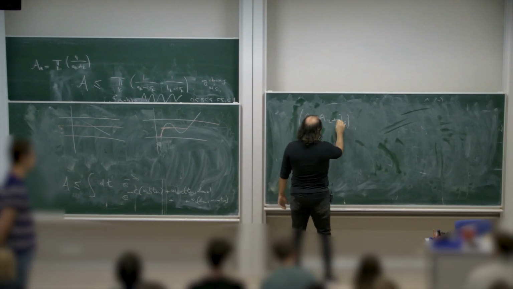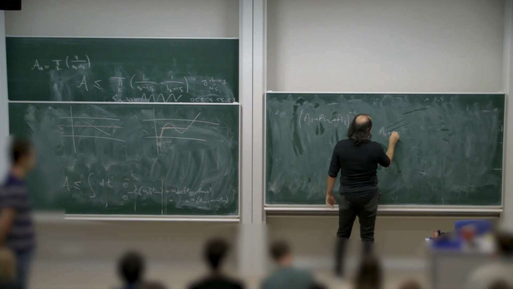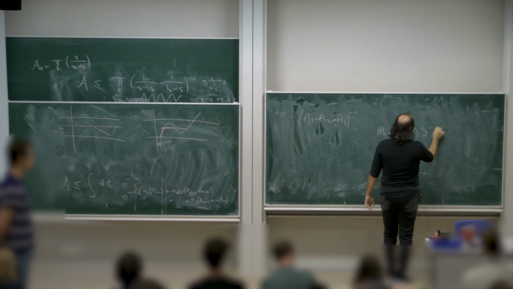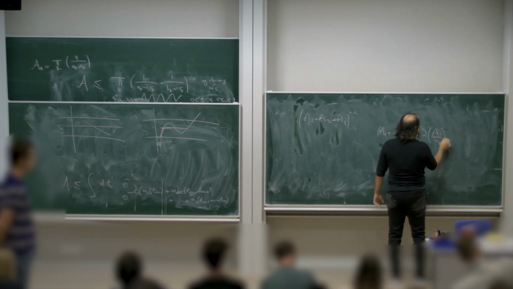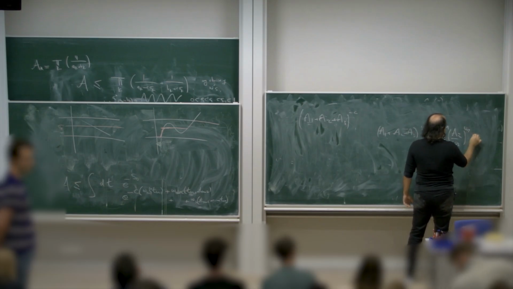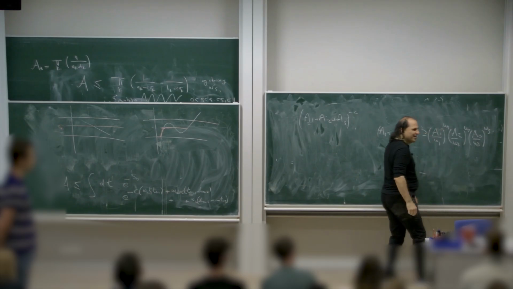This is what makes it complicated, but we use the fact that A1 plus A2 plus A3 is greater than or equal to (A1 over W1) to the W1, (A2 over W2) to the W2, and so on, (A3 over W3) to the W3. So this is the pre-tropical version of the statement.